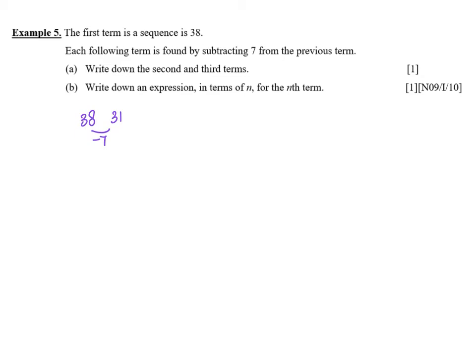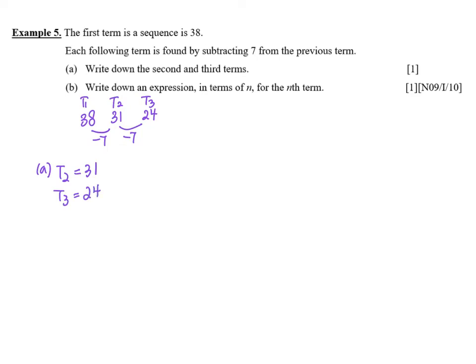This is term 1, this will be term 2. They want the second and third term, so I'm going to find the next term. 31 minus 7 will give me the number 24, and that will be term 3. So therefore, part A, term 2 is the number 31. Term 3 is the number 24.